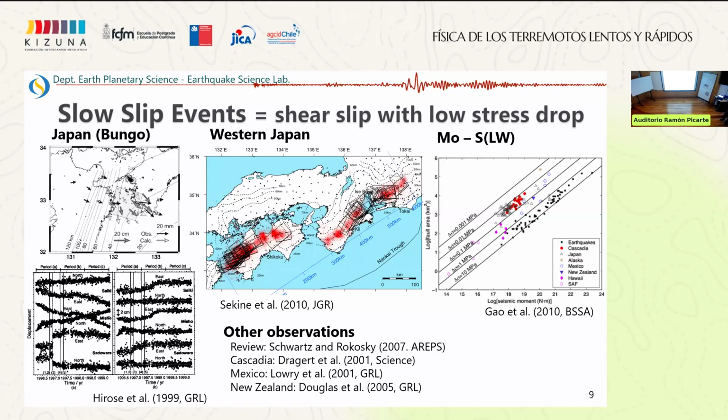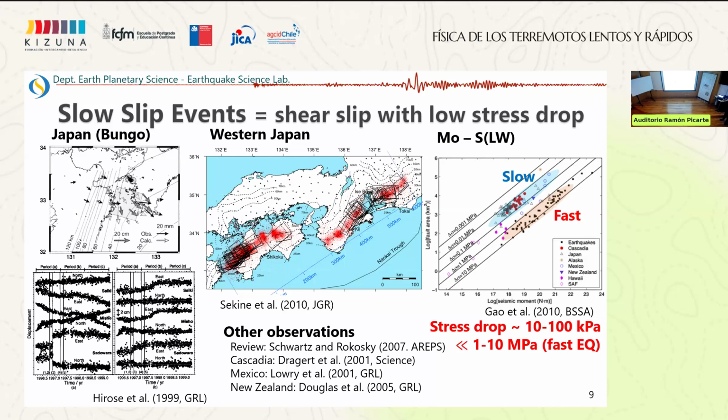In this kind of classic comparison, all ordinary earthquakes are located around here, but slow earthquakes are always located very differently. So the change of stress during the event is 10 or 100 kilopascal. This number will be compared later with tremor.